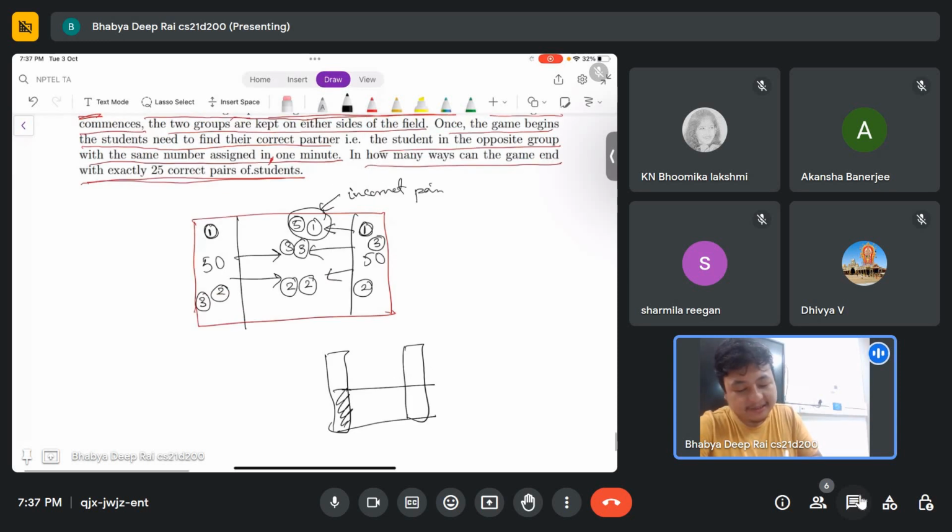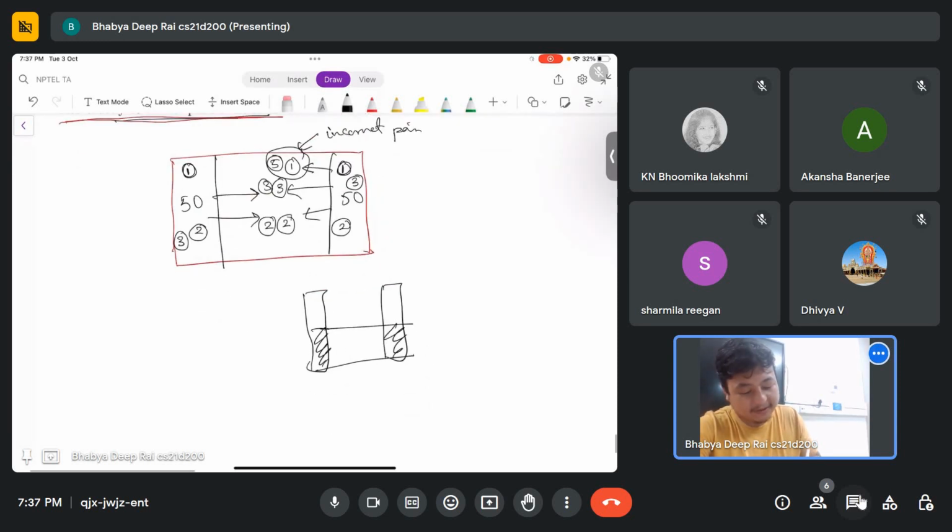They are saying exactly 25 correct pairs of students. So 50 here, 50 here. So 25 exactly meet whoever their partner is, and the remaining actually derange.